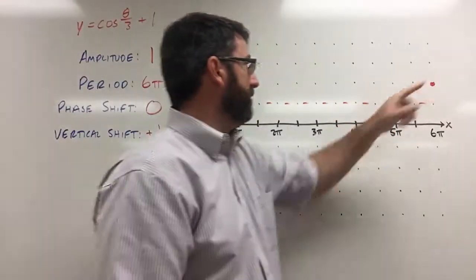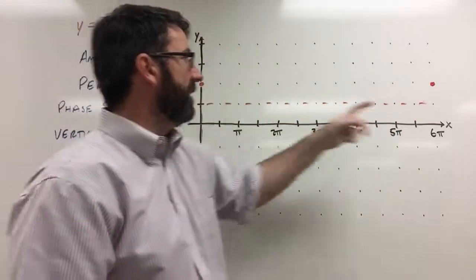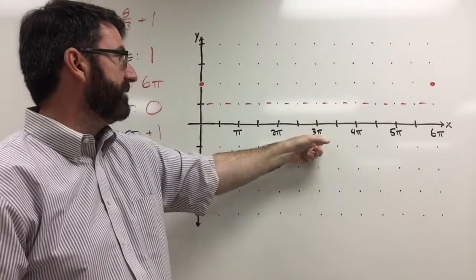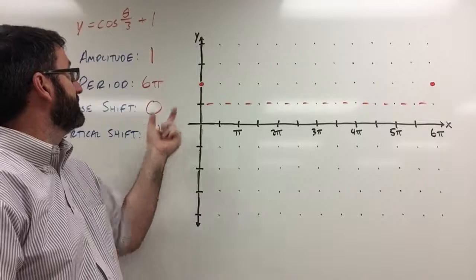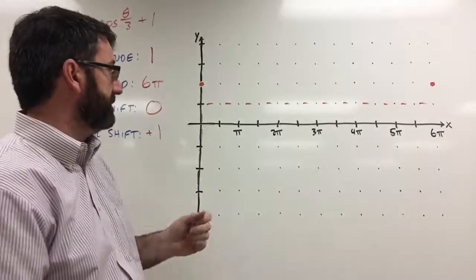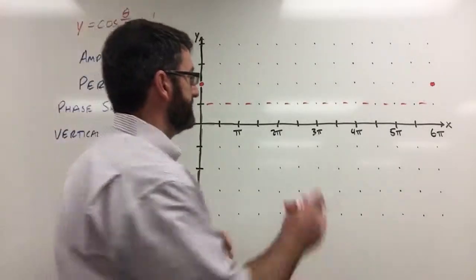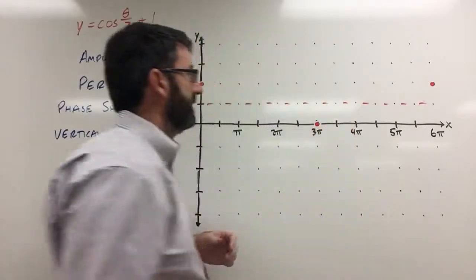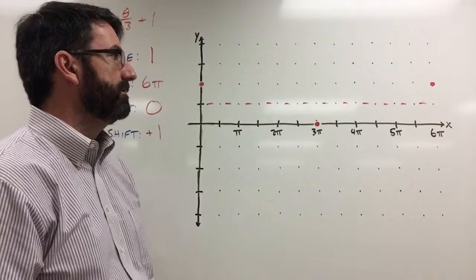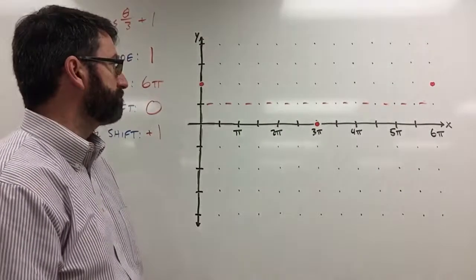Halfway in between these 2 points, so if we're at 0 and 6 pi, halfway between would be at 3 pi, we're going to reach our minimum, which is our vertical shift minus our amplitude. So 1 minus 1, which would be 0. So we're going to reach our minimum of 0 right there at 3 pi.